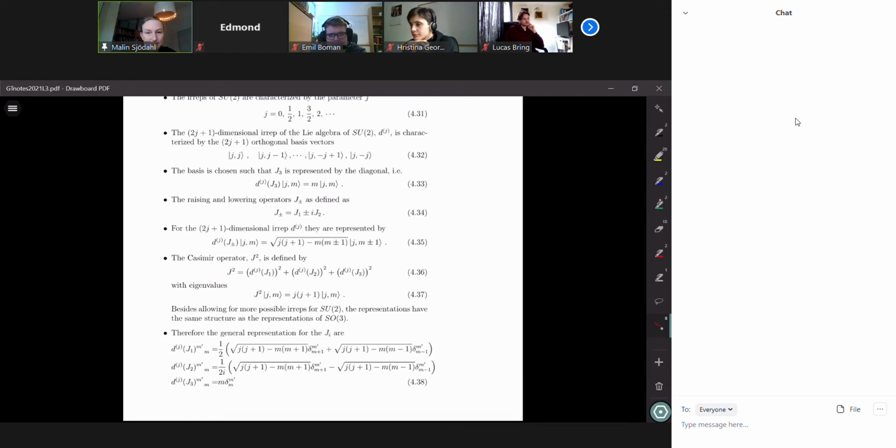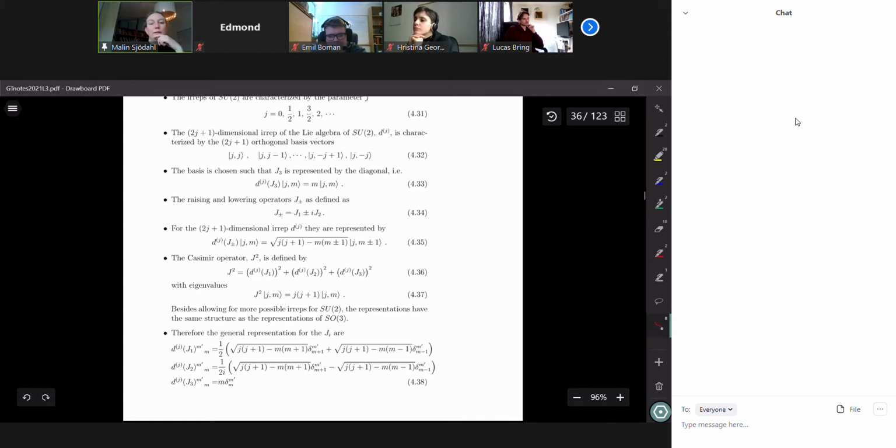And here is another result we can copy paste. So the math goes through exactly in the same way. So if we're acting with j plus minus on this state, we have the same coefficient as for SO3 acting on the state. Since we have the same algebra, we obviously have the same Casimir operator.